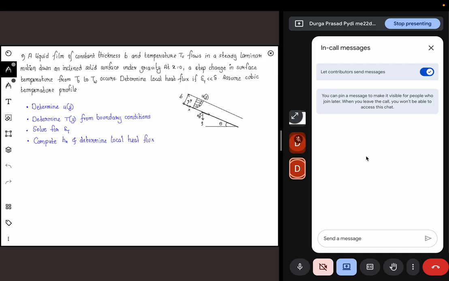So maybe I'll give you like say 5 minutes to solve for velocity profile. Yeah, and then we'll see about the other ones.